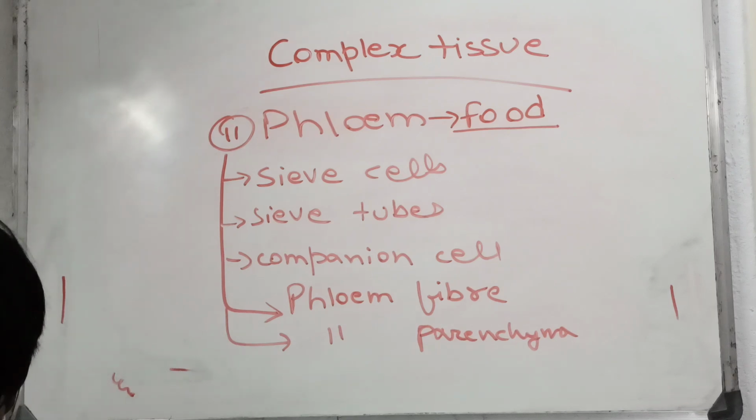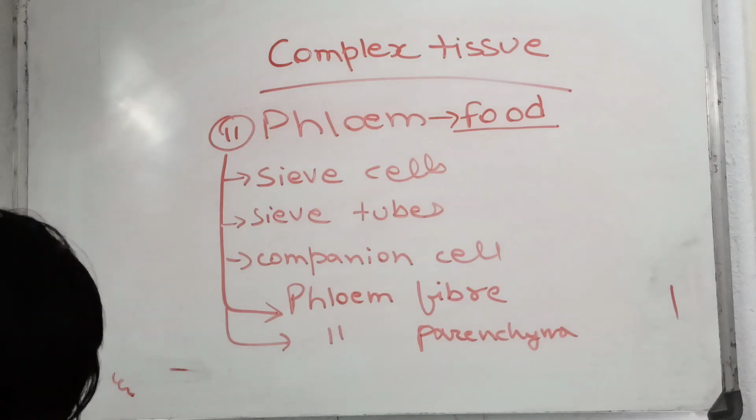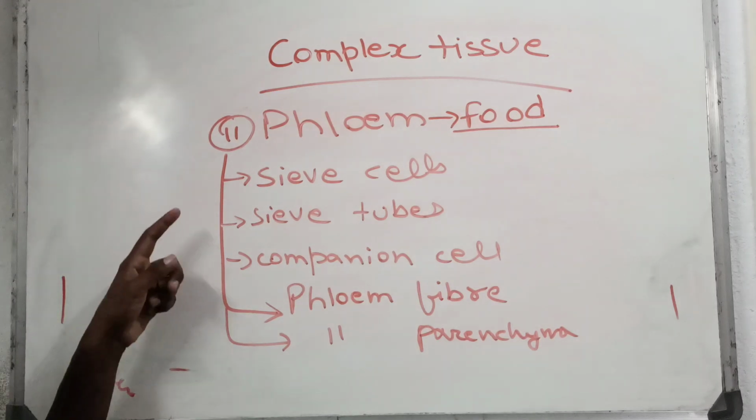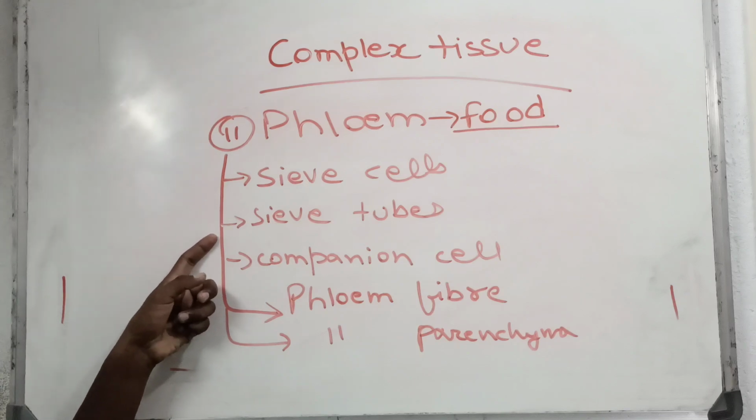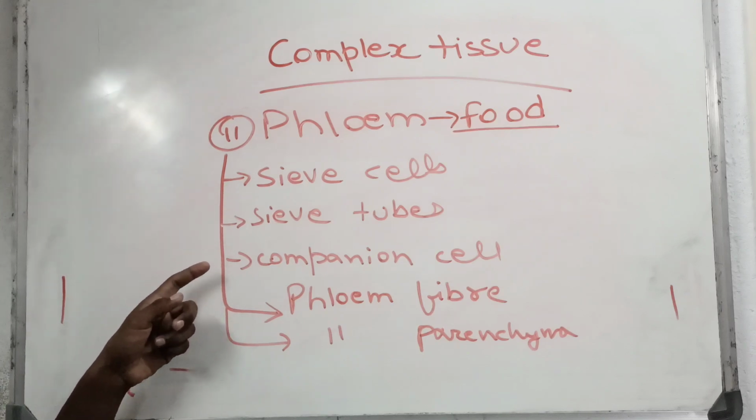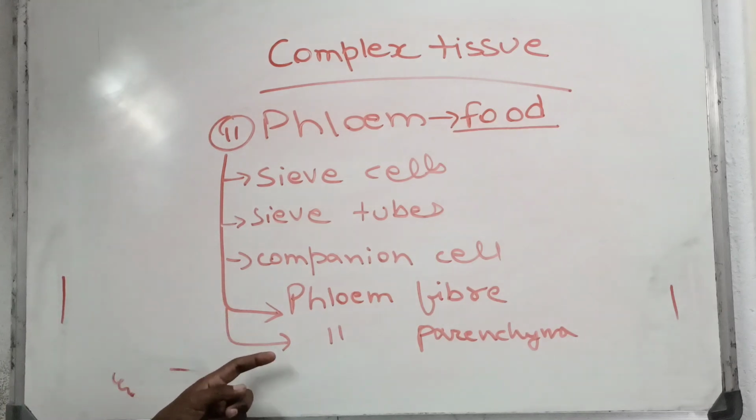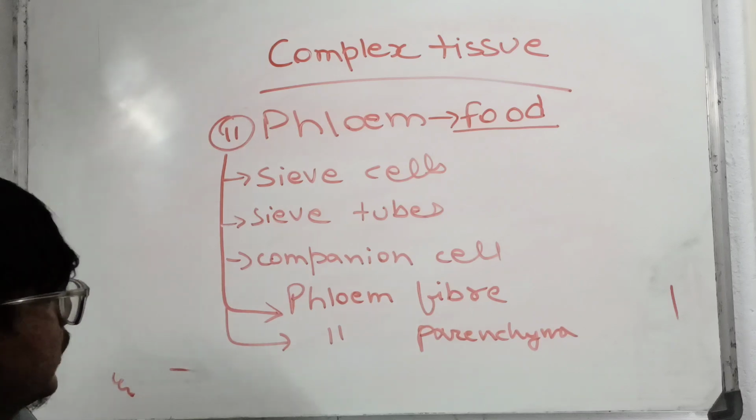In this, all the phloem cells like sieve cells, sieve tubes, then companion cell and phloem parenchyma, these four are living in nature.